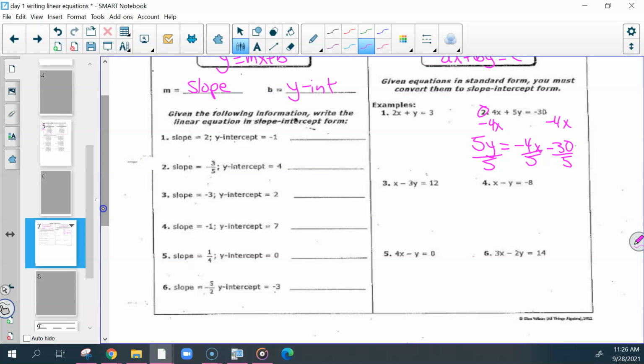So this would just give me y equals, this would become a fraction, negative 4/5, and then negative 6. So our equation would be y equals negative 4/5 x minus 6. Any others on that side?